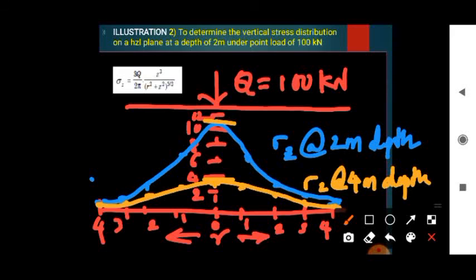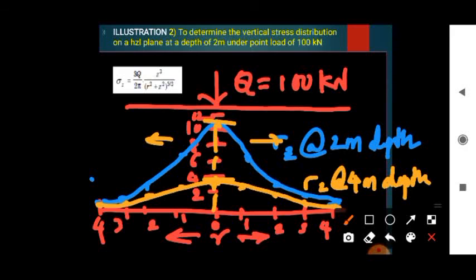Although the trend remains the same, as we move away from the line of action, the magnitude of sigma z decreases. We get the peak value of sigma z beneath the applied load, along the line of action, and the magnitude of the vertical stress decreases as we move away from the line of action. This is the very important observation that we are going to take for our consideration.